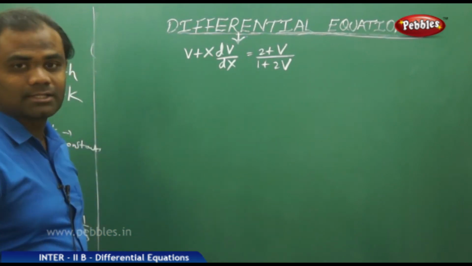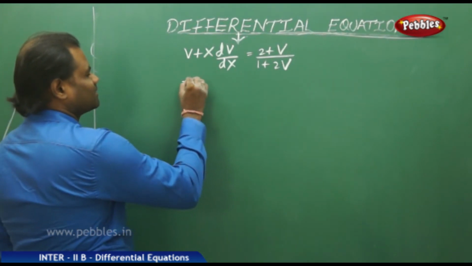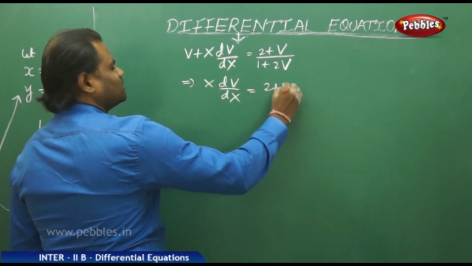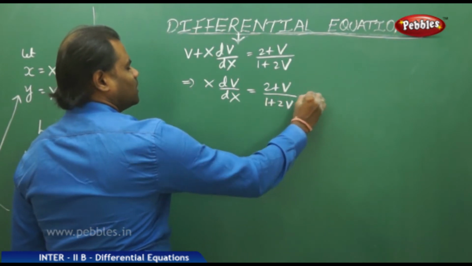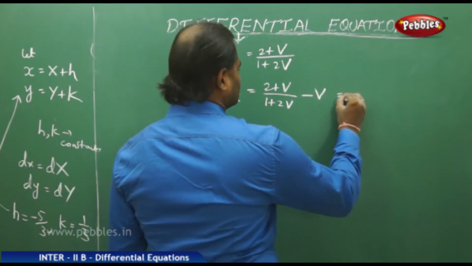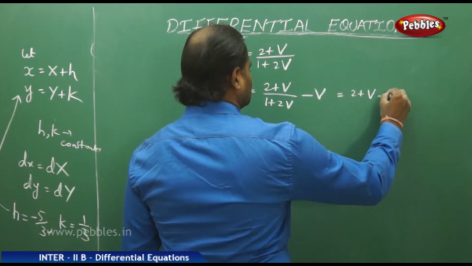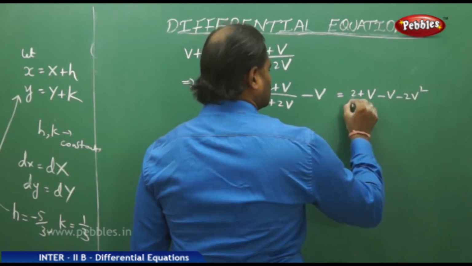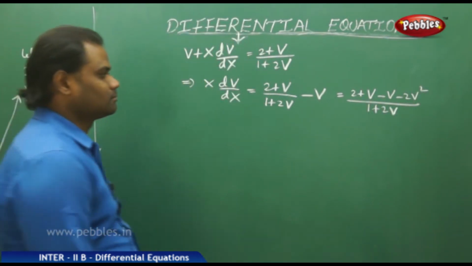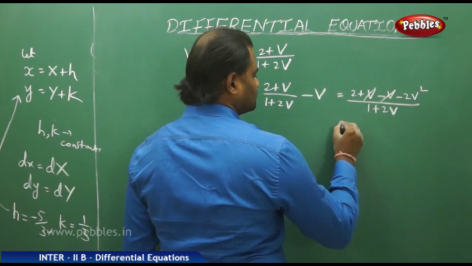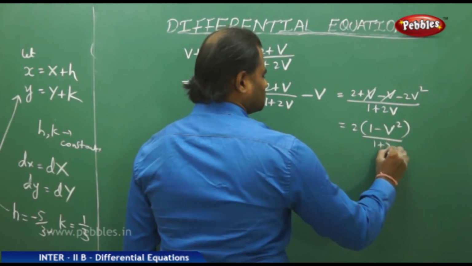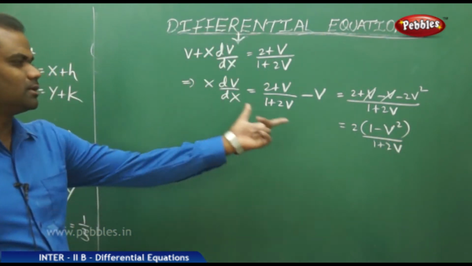Therefore, separating this into variables, we get x dv by dx equals (2 plus v by 1 plus 2v) minus v, which on further simplification gives this.